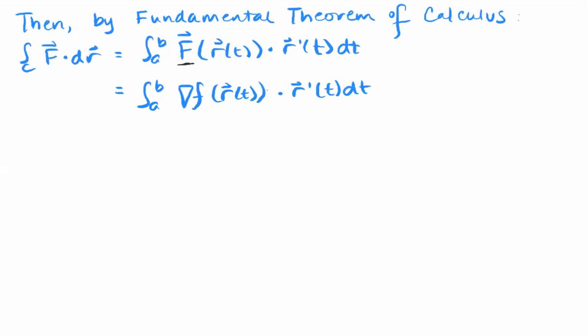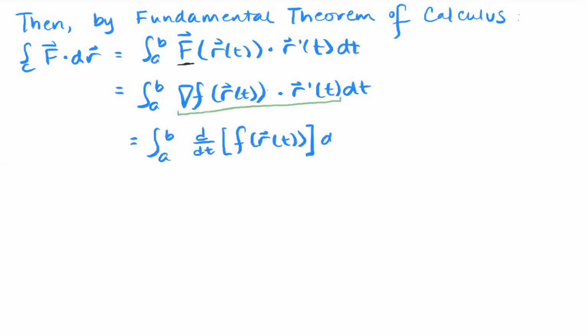But going backwards from the vector version of the chain rule, I can rewrite that as the integral from a to b of the derivative with respect to t of f of r of t dt. But by the fundamental theorem of calculus, the integral of a derivative will just give me the original function. So if I take the derivative, then integrate, I'm going to get f back.